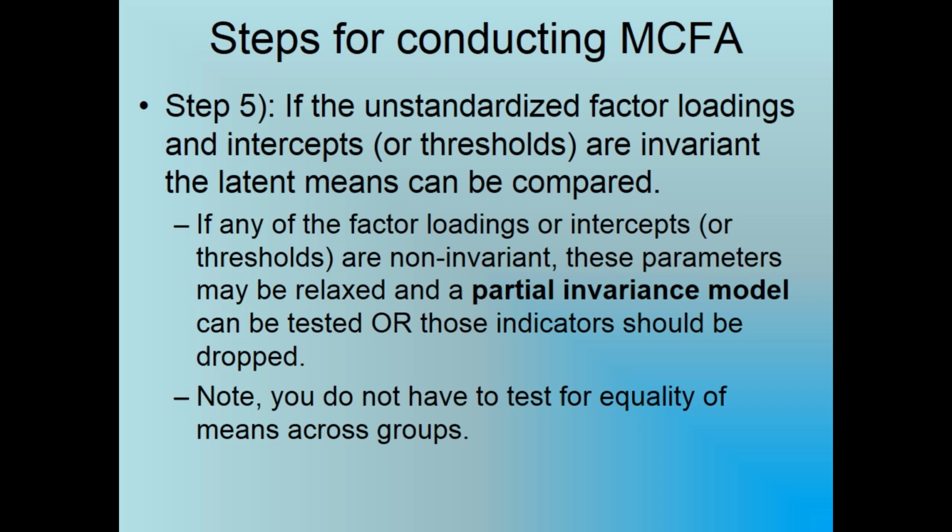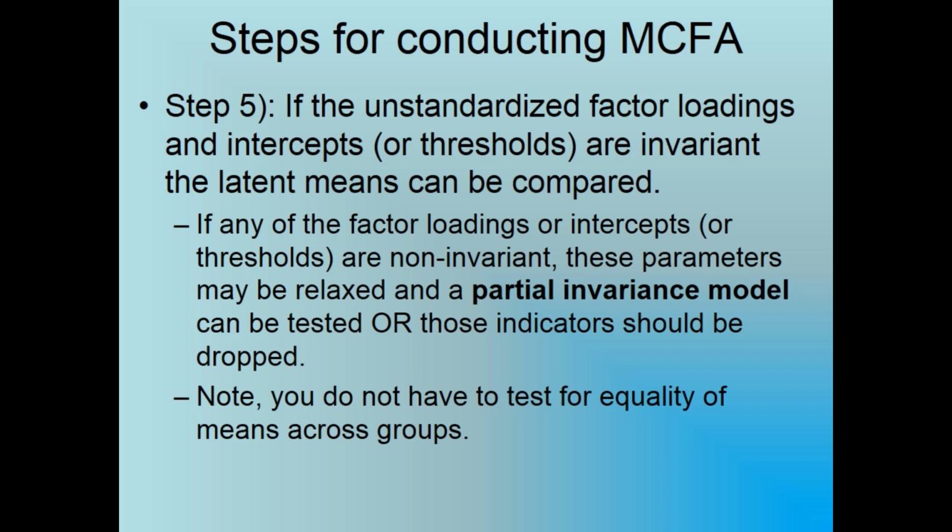Basically what that means is that most of your factor loadings and intercepts are equal across the groups, but a few of them aren't. If an item has a very different factor loading or intercept across the groups, you have a couple of choices.